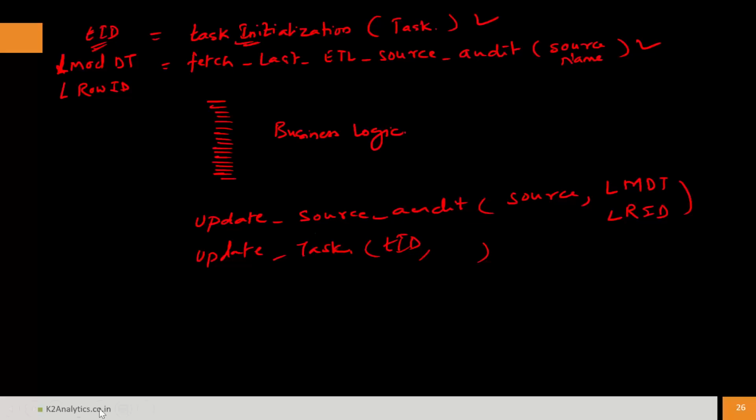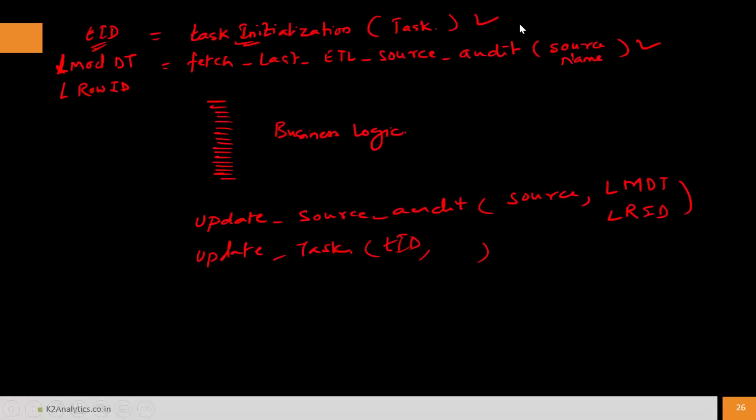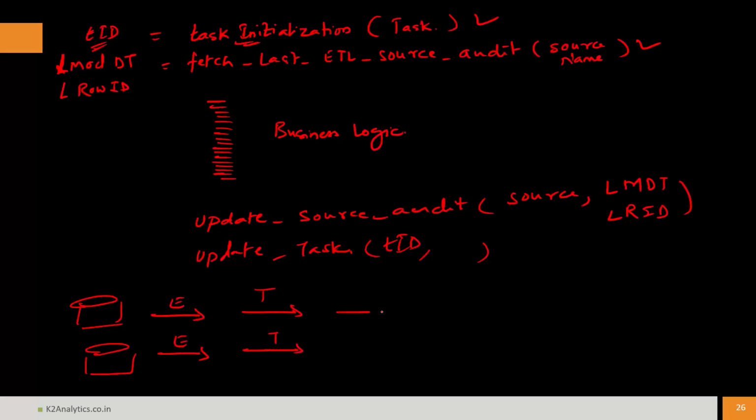Moreover, when you're writing these codes, you will have various sources from which you are going to do extraction, then you will do transformation, and then you will do the loading, and all of this will go into a particular warehouse.